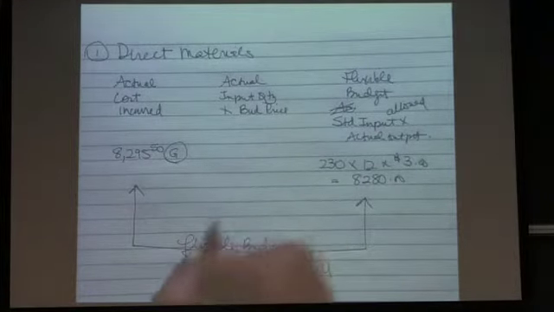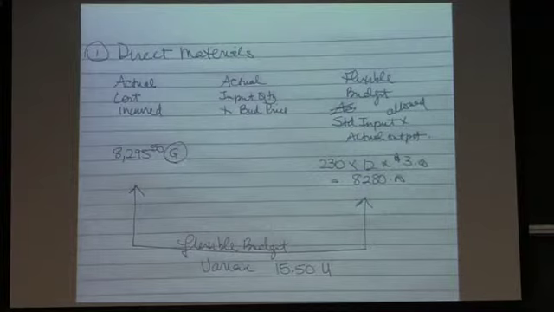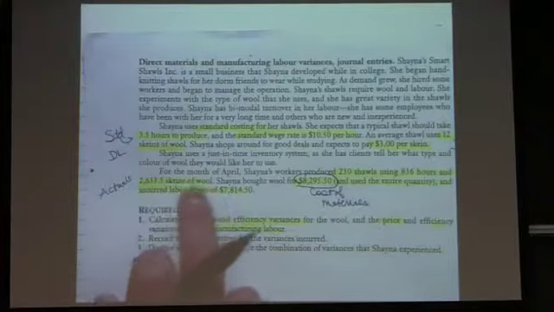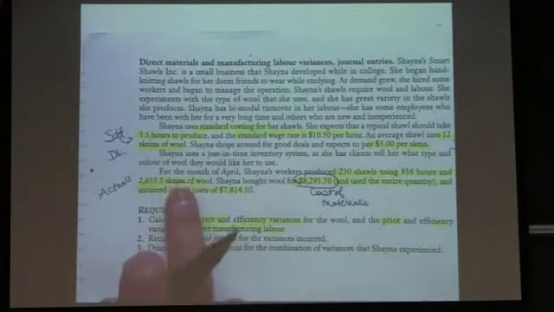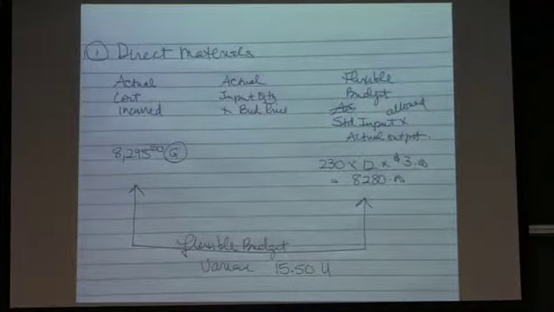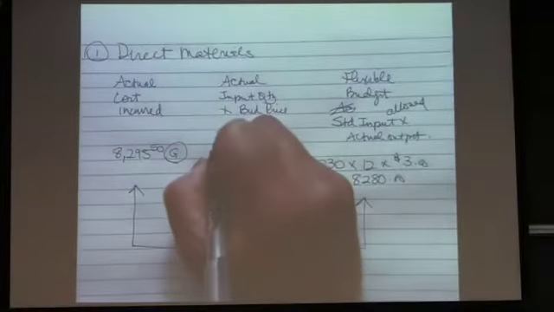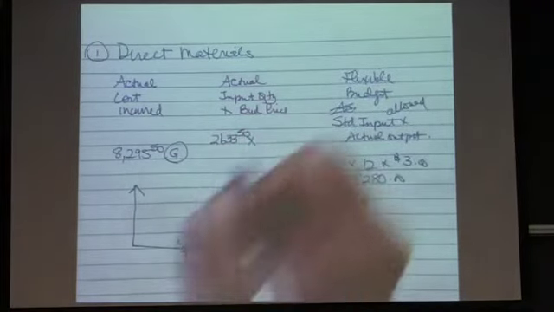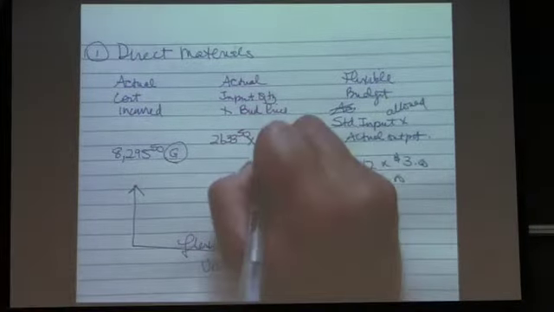In this case, what was the actual quantity input? We were told that she used 2,633.5 skeins of wool. That's the actual number of skeins of wool that she used, right? So it's going to be 2,633.50 times the budgeted price of $3.